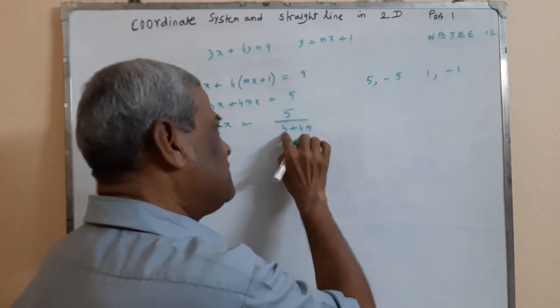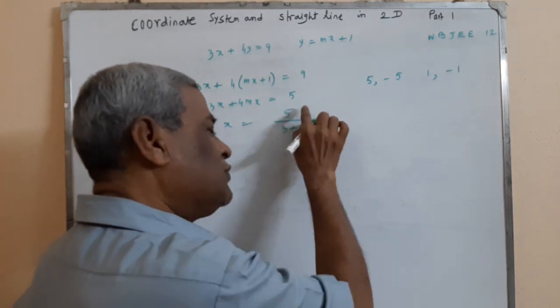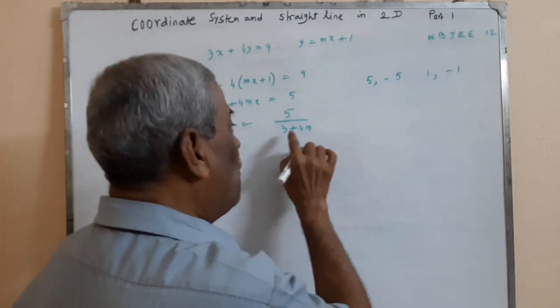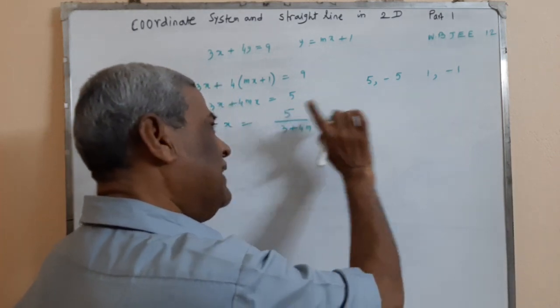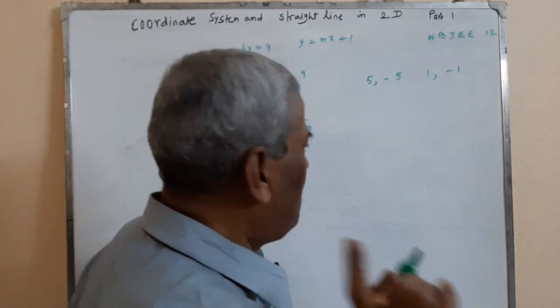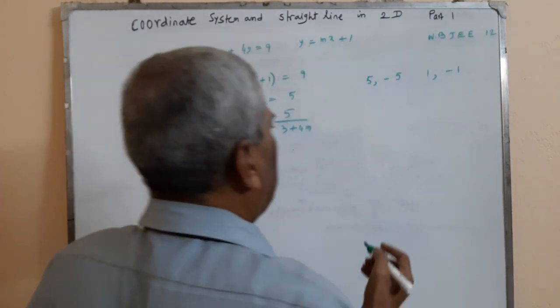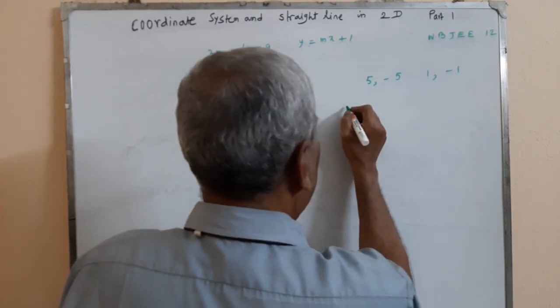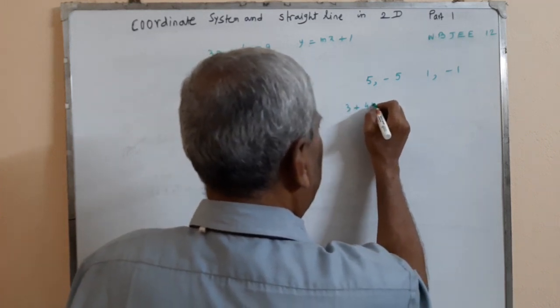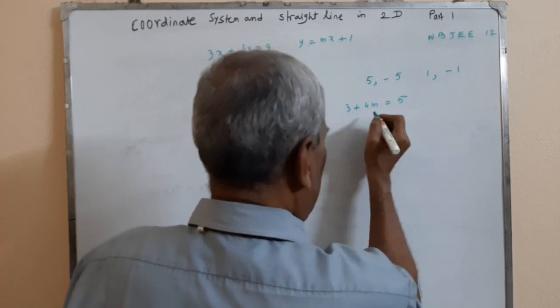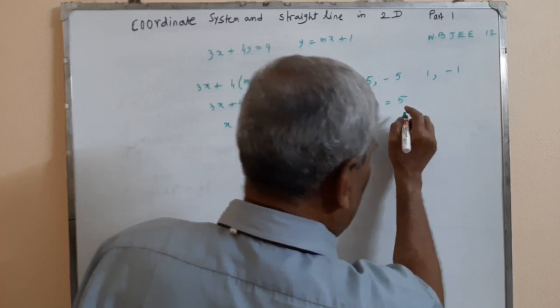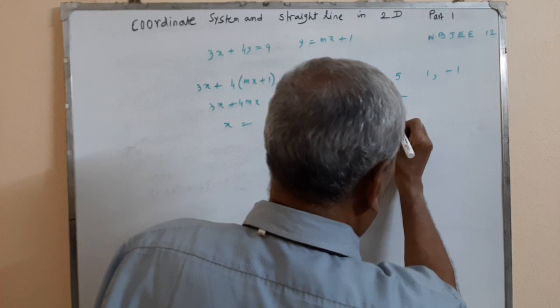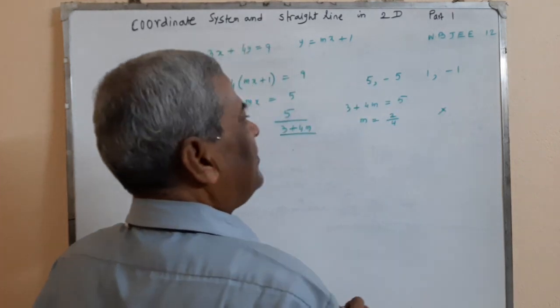If this is minus 5, x is minus 1 and integer. If it is 1, this is 5 and integer, minus 1 also integer. Now we see, if this value is 5, what happens? 3 plus 4m is equal to 5. So m is equal to 2 by 4, not an integer.